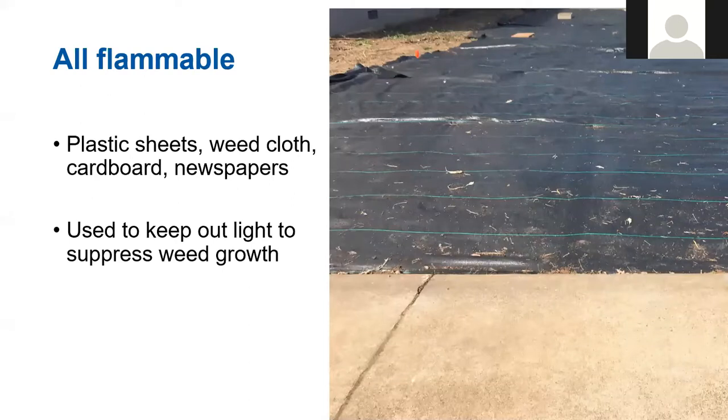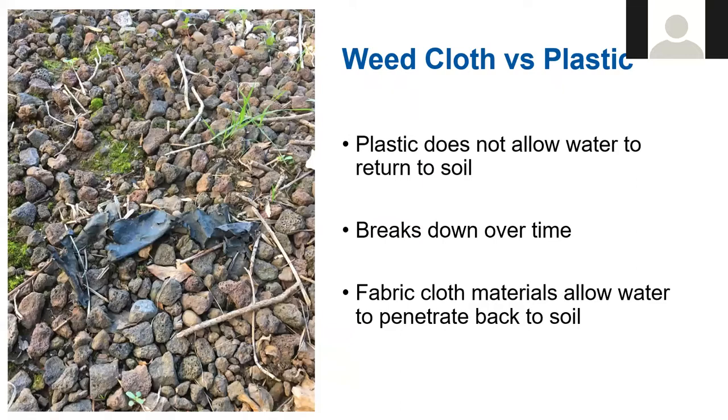So under mulch, people typically would use plastic sheeting, weed cloth, cardboard, newspapers, and the idea is that it keeps out the light to suppress the weed growth. Next, please. However, you need to consider that those things are all flammable, and you need to choose between plastic or weed cloth.